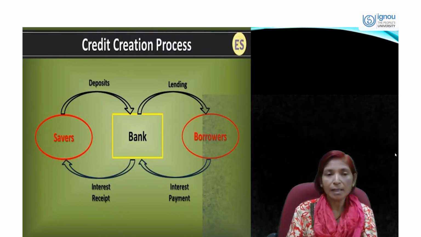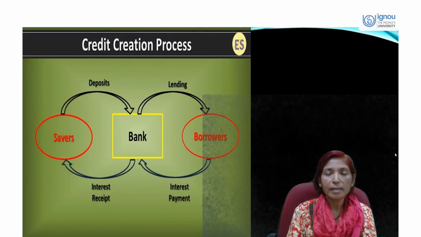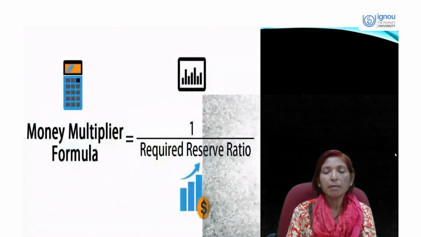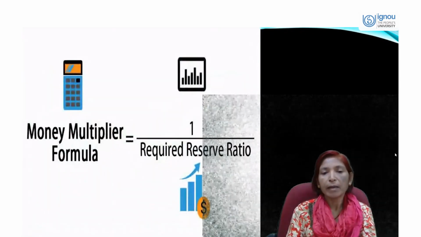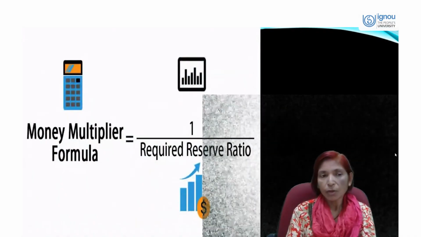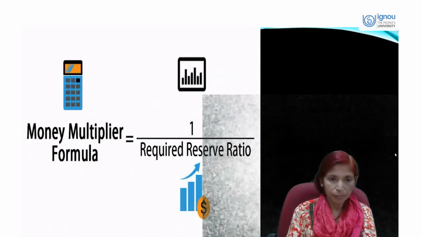But in brief, the commercial bank's main function is to create more credit with the help of existing money or primary deposits. And the money multiplier we can calculate by 1 upon the required reserve ratio, or 1 upon CRR, the cash reserve ratio.